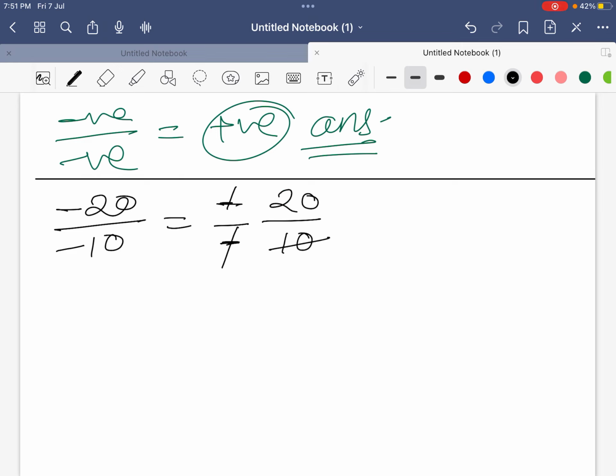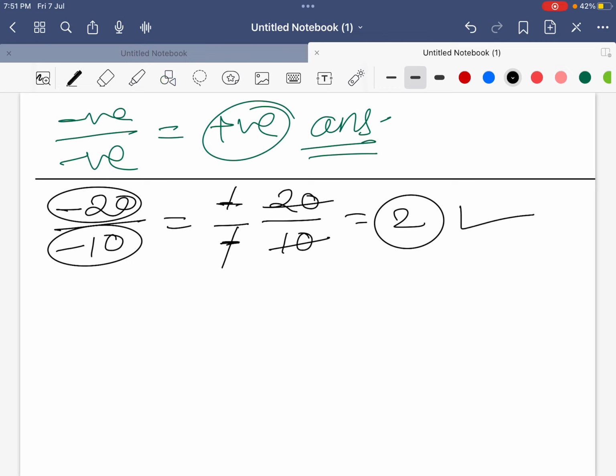Similarly 10 ones are 10, 10 twos are 20. Once again observe the sign. So 2 is positive, so for negative 20 divided by negative 10 we get a positive 2, or plus 2.